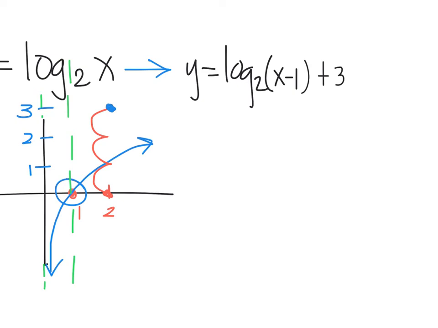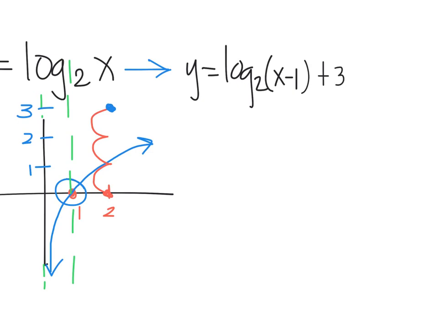The x-axis, how many units does it move? Plus 1, minus 1, and then plus 3.